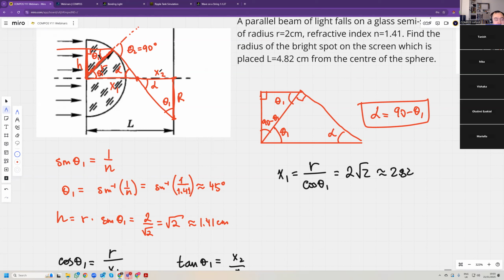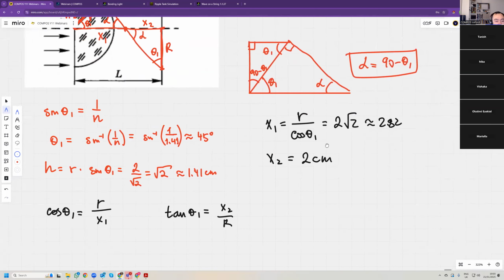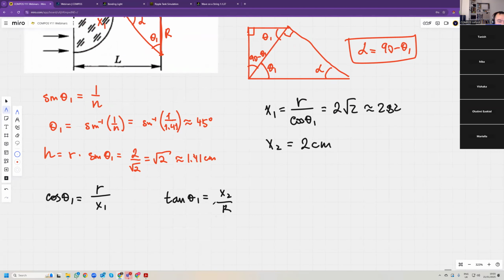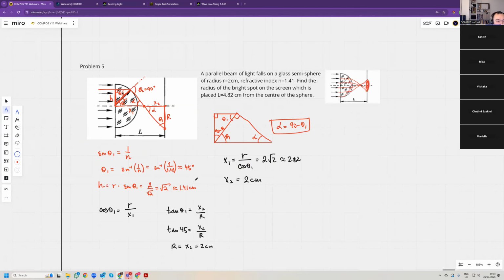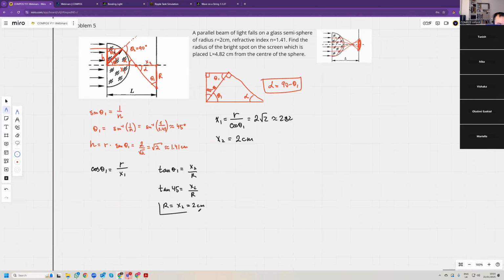Okay, so x2 must be 2 centimeters. And now we can work out r and tan 45. So tan 45, that's x2 over r. And r must equal x2, which is 2 centimeters. And therefore, we found it. The radius of the bright spot is 2 centimeters.